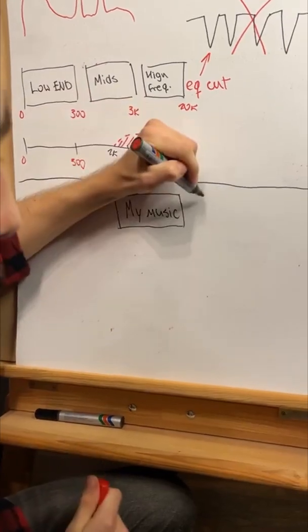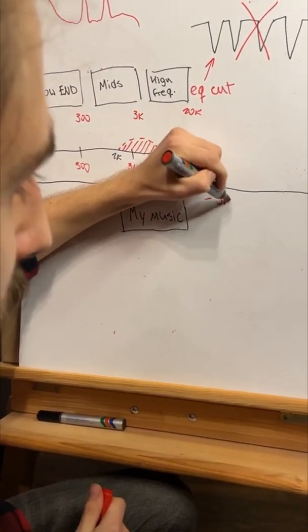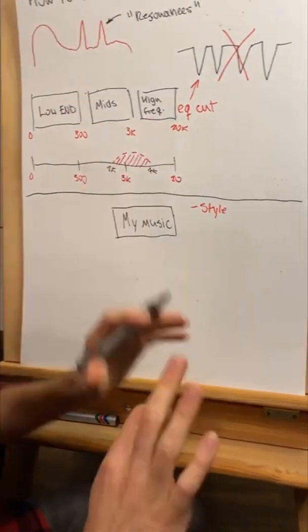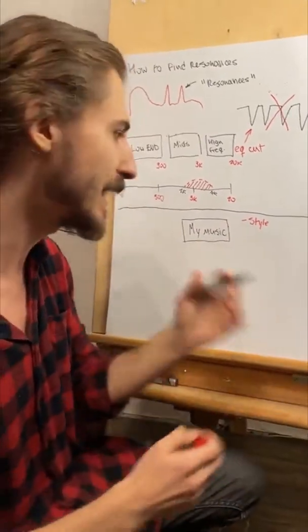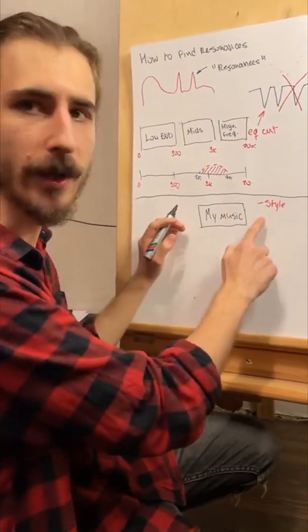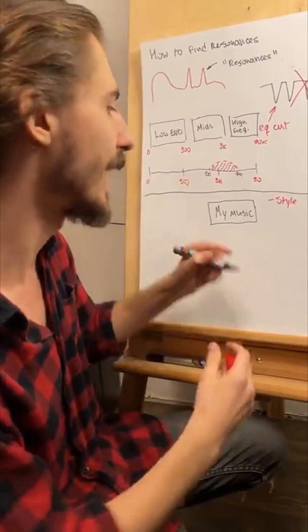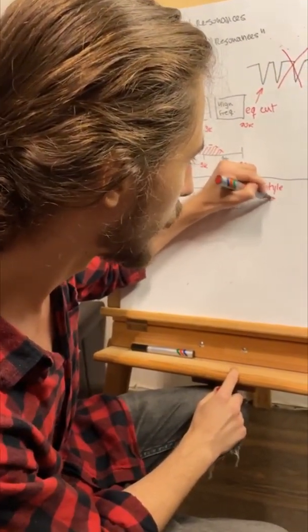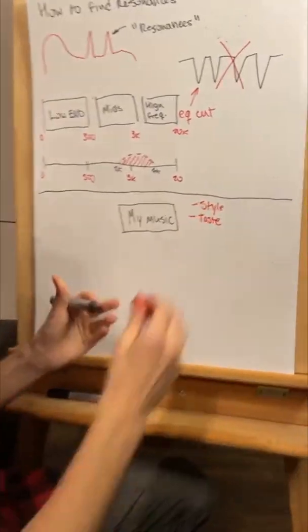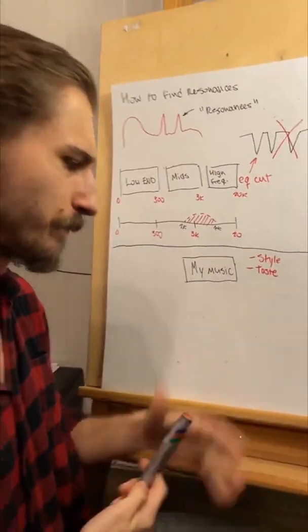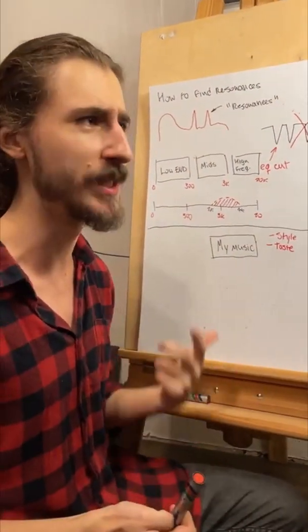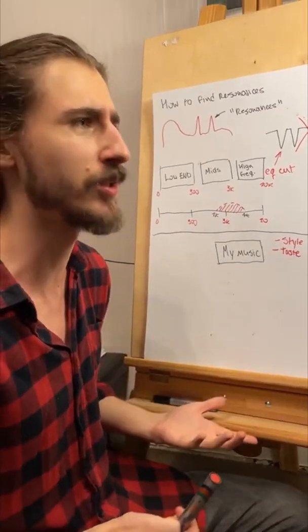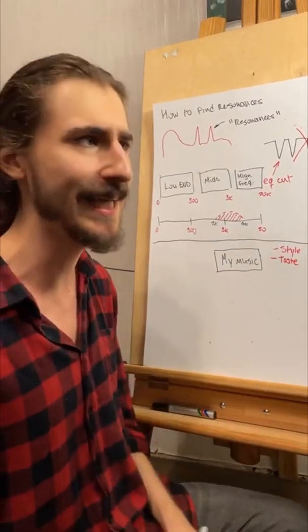It's up to the style you make. I make house music, like tech house, deep tech, minimal. So the first one is style, okay? The style of music you like. The second one is going to be taste. Style and taste. I think those two are the most important things when it comes to selecting sounds.